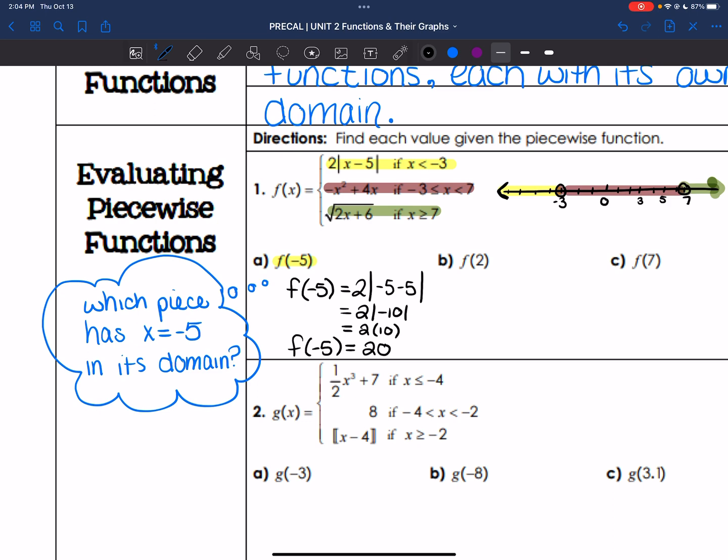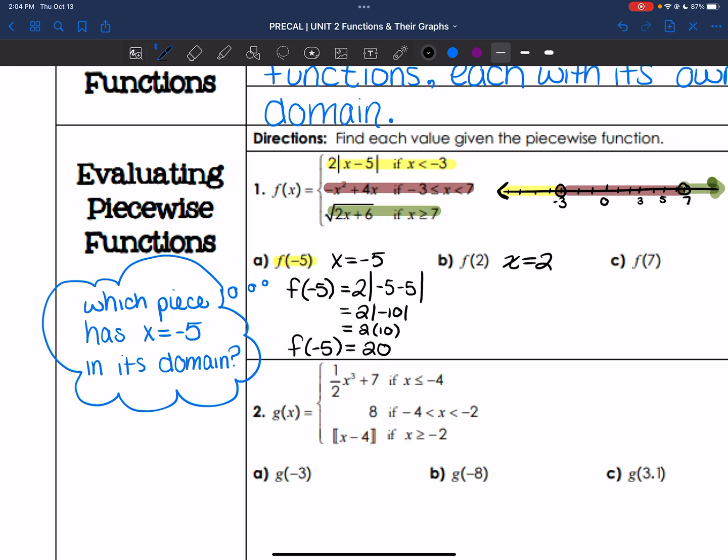Let's try now the next little portion here. We want to evaluate our function f at 2. So which piece will we be utilizing if we're saying when x is equal to 2? Remember, for the first one, our x was equal to -5. For this next one, we're saying x values equaling 2.